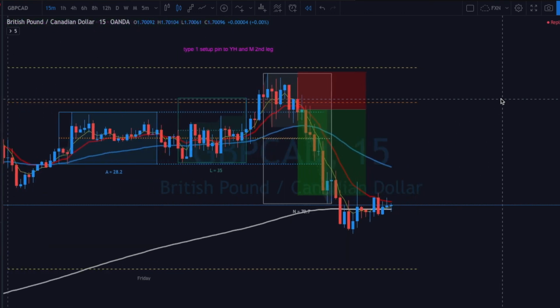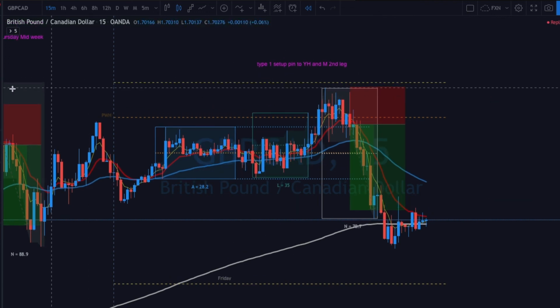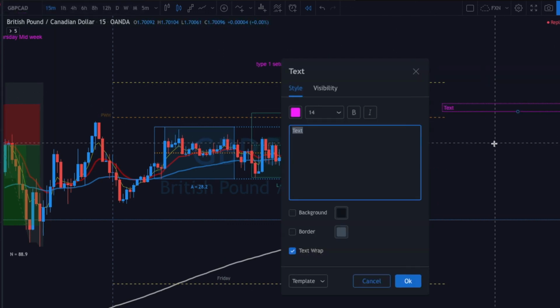Okay, and here's another thing that you could do as well. Before you take the last screenshot here, if this was a losing trade, you could put in more text: lost trade, because my stop loss was too short, needed a 20 pip stop loss.